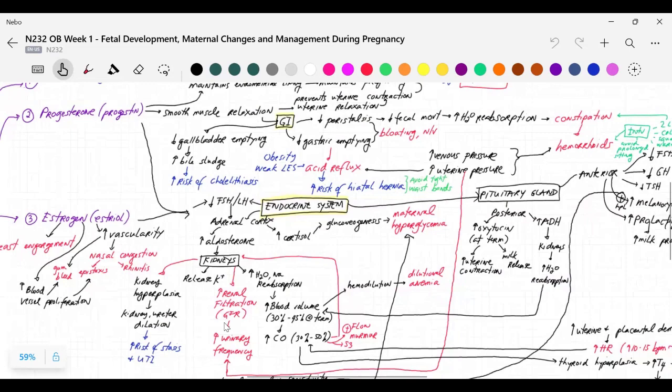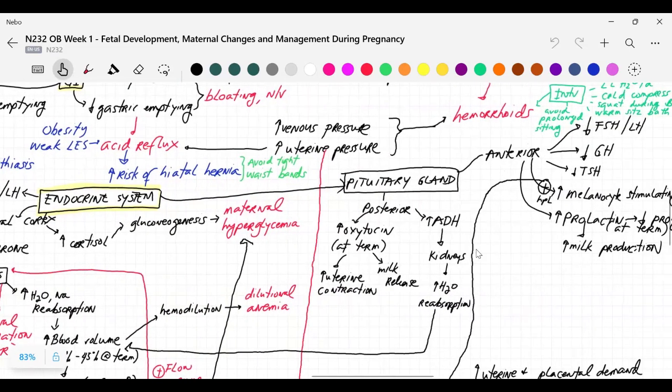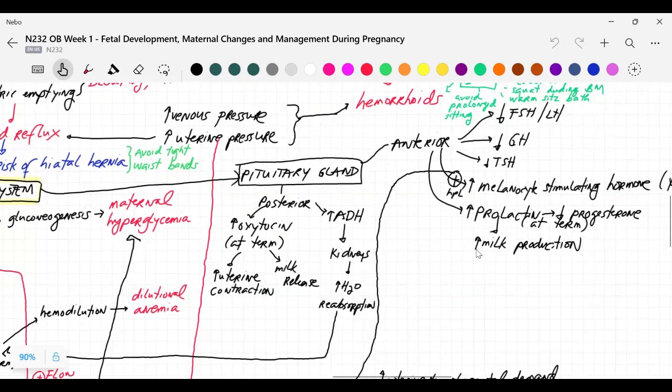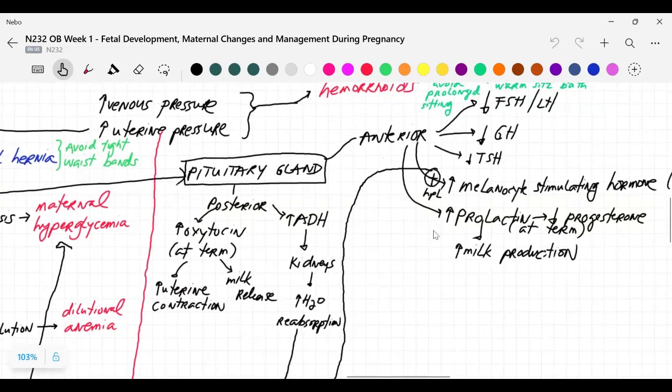Let's go to, again, FSH and LH, which come from the pituitary gland. And so other hormones are triggered from the pituitary gland. Oxytocin comes from the posterior pituitary. There are only two hormones that come from the posterior pituitary, oxytocin and ADH.